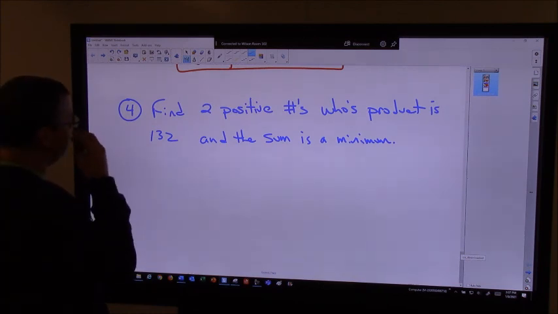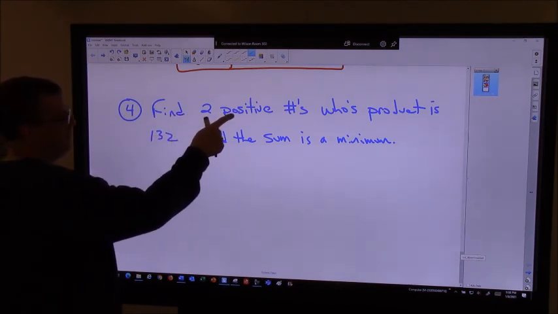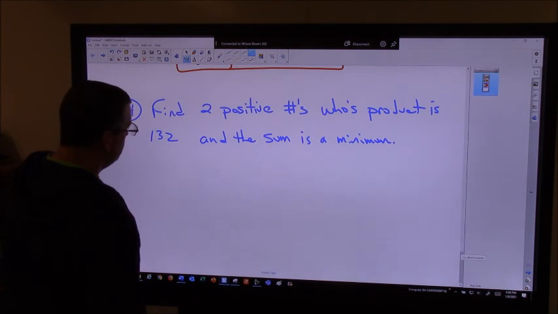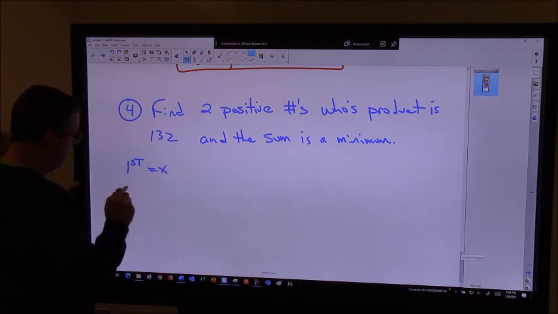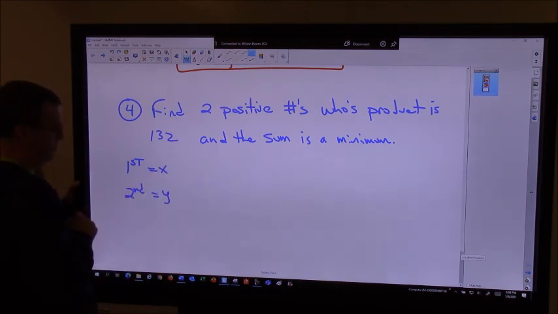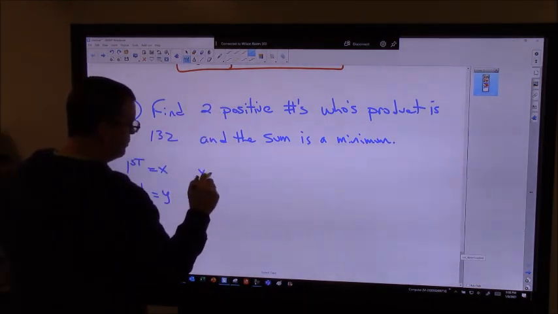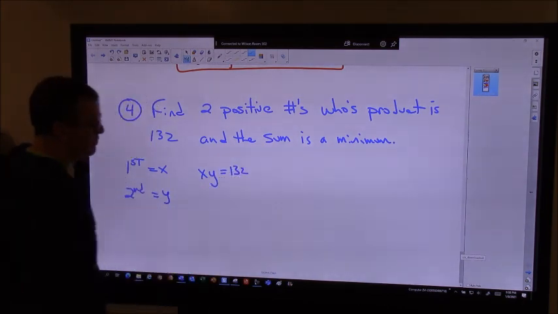All right, so I need two numbers, and I know that they're both positive, and the product is 132. So I'm going to do this. I'm going to say that the first number equals x, and the second number equals y. And I know that the product is 132, so x times y equals 132.